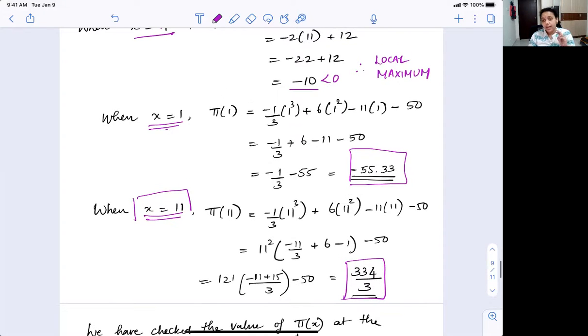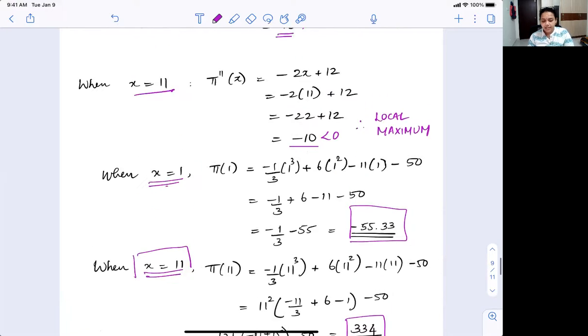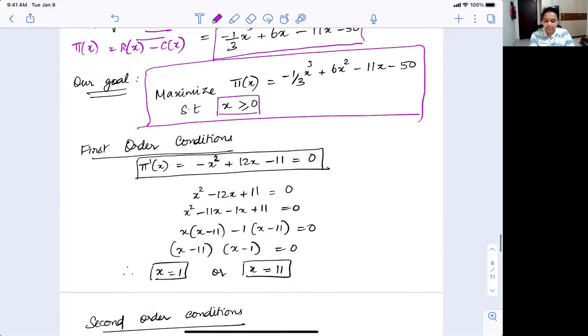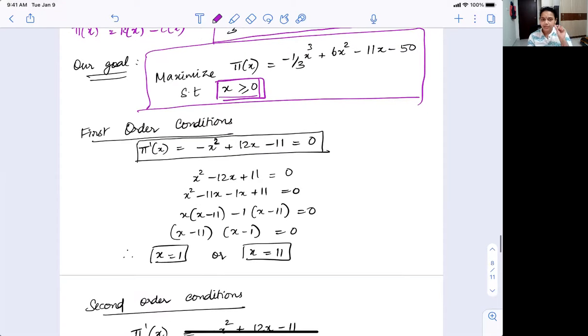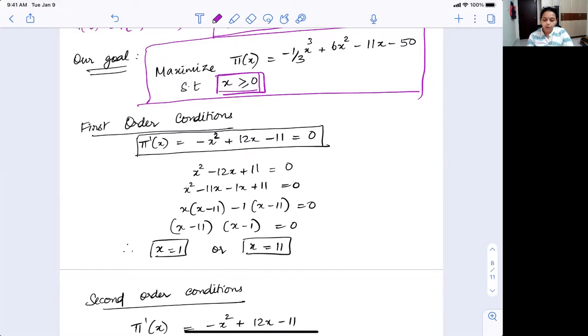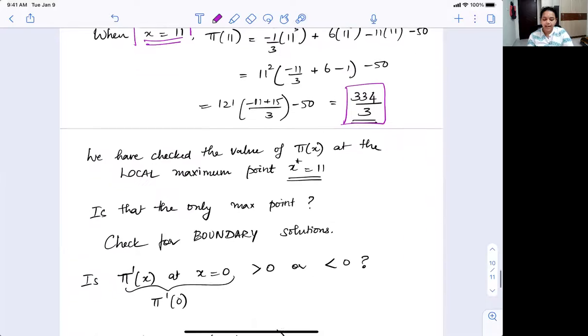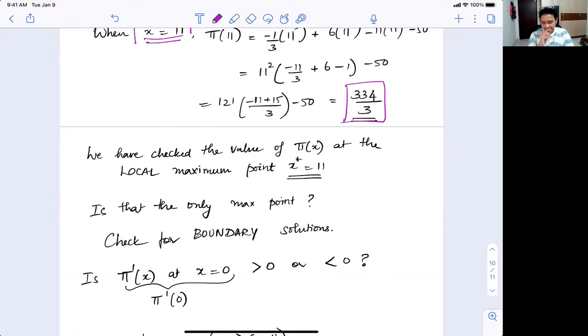And we've looked for interior solutions. But remember, when you are maximizing a function subject to a non-negativity constraint like this, you could also have solutions on the border. That is, you could have solutions where X is equal to 0, and that point would be a maximum. Now, how do we know if X is equal to 0 actually gives us a maximum point? Well, you have to look at the slope of the function at X is equal to 0.